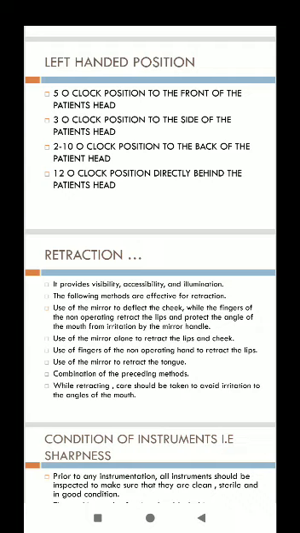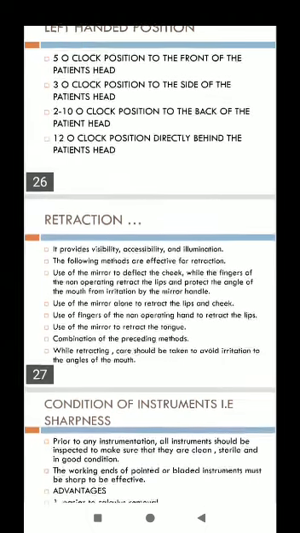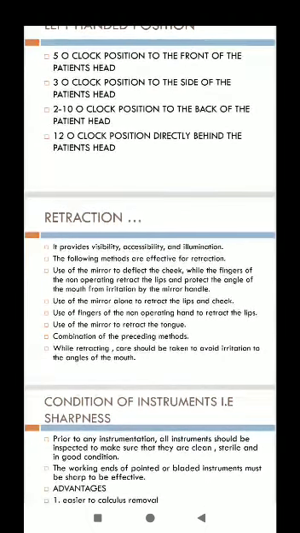Use of the mirror alone to retract the lips and cheek. Use of fingers of the non-operating hand to retract the lips. Use of the mirror to retract the tongue. Combination of all the methods, and while retracting, care should be taken to avoid irritation to the angles of the mouth.